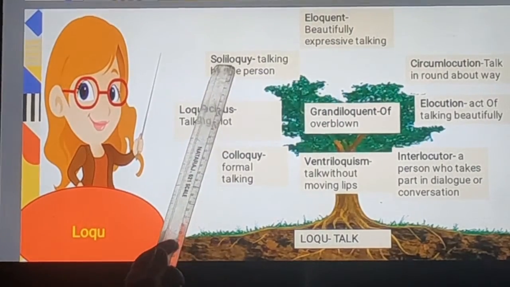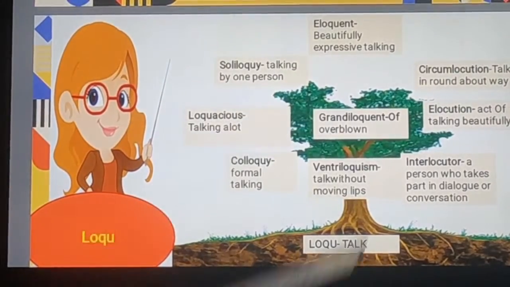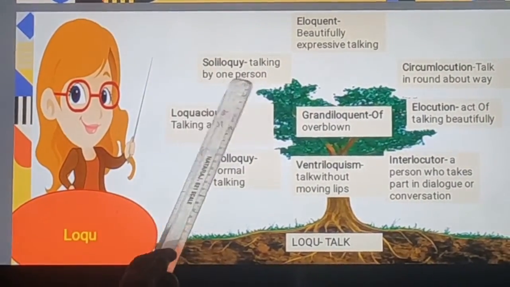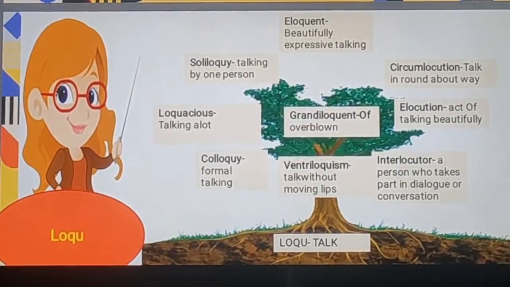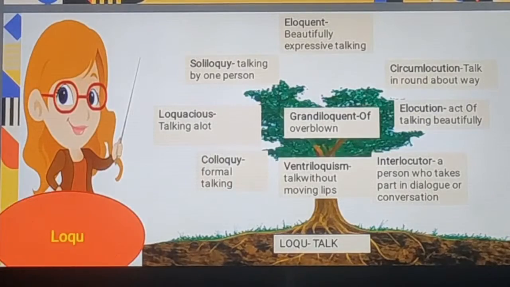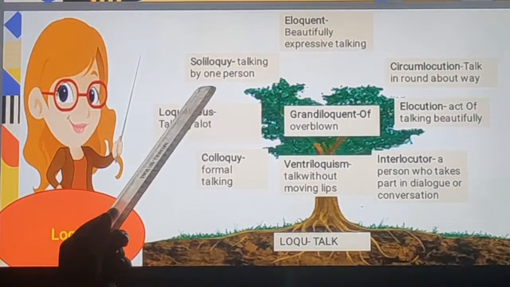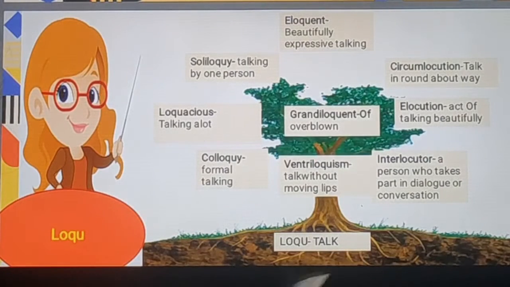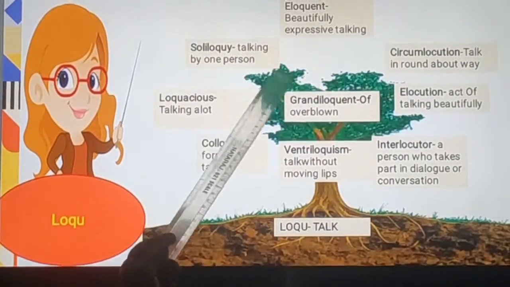Now next one, soliloquy. Soliloquy means talking by one person. Some persons talk to themselves but don't talk to others. That is called soliloquy.